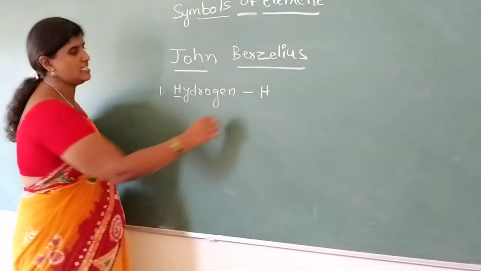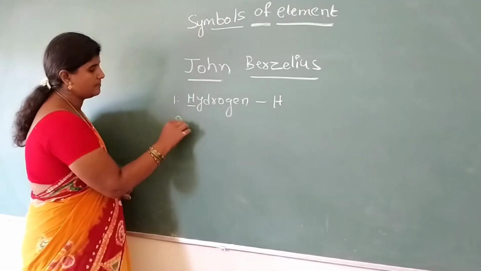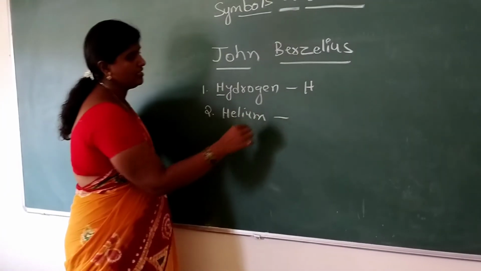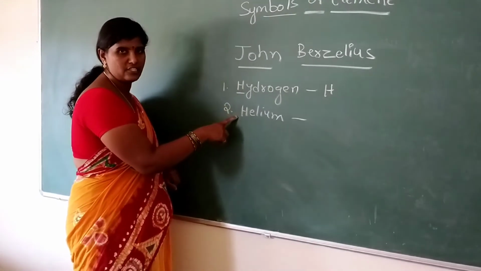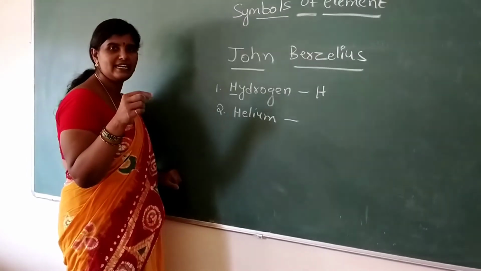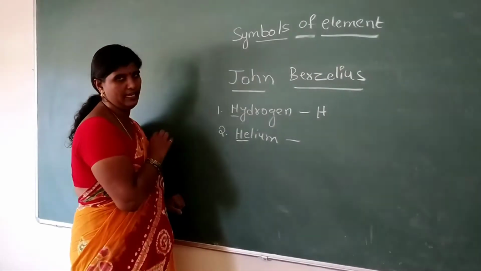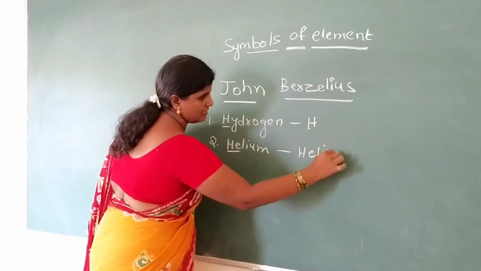H. H is the symbol for hydrogen. And the second one, helium. Helium also begins with the same letter H. For this type of element, we take the second letter, that is He. Okay children, He, helium.